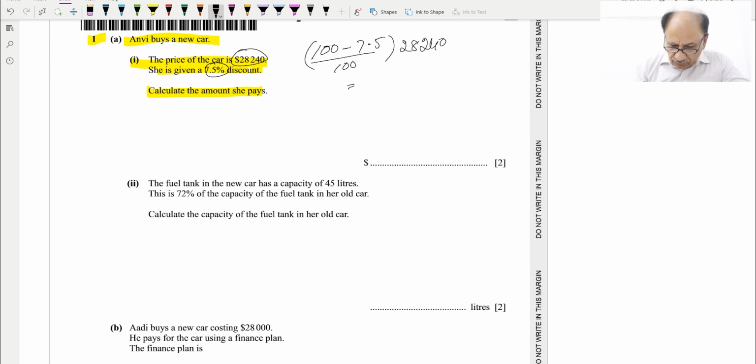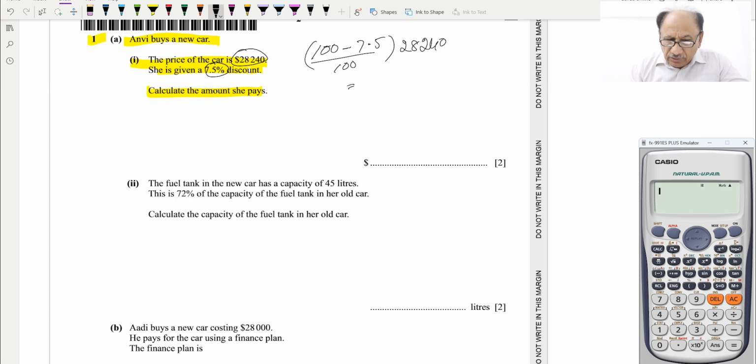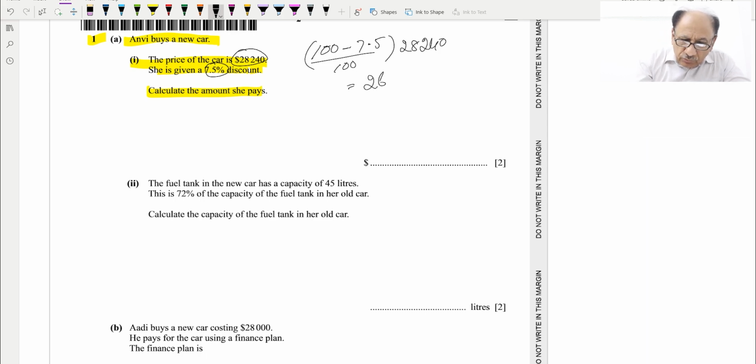This is calculated as (100 minus 7.5) over 100, multiplied by 28240, and this gives us 26122. This will be dollars, and this is our answer for 2 marks.